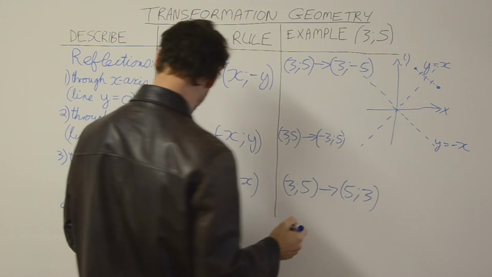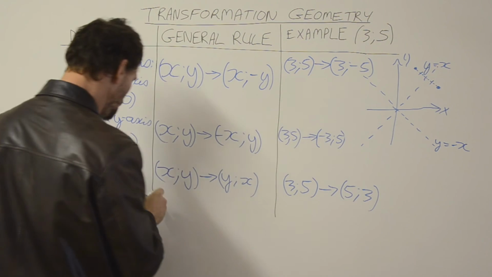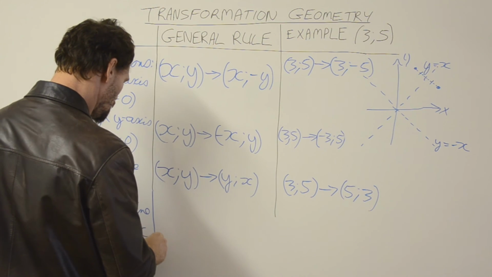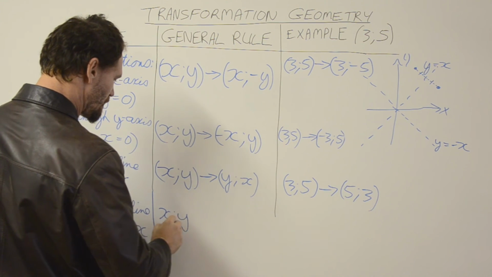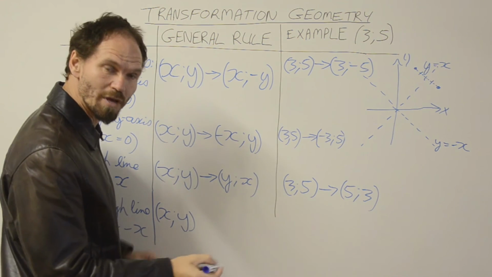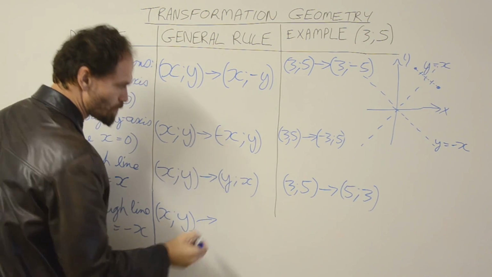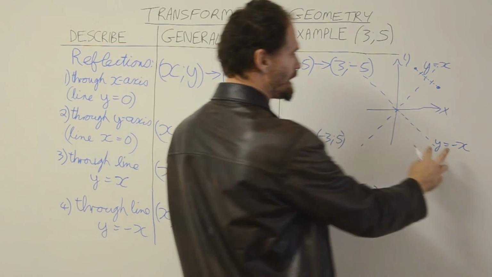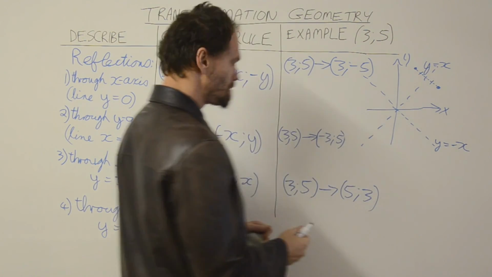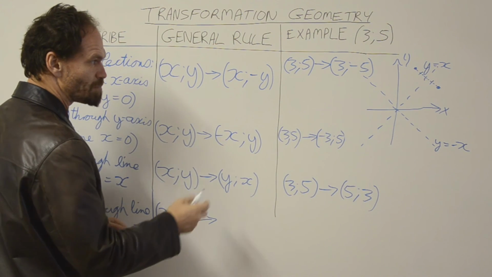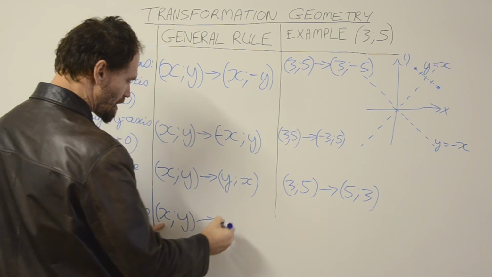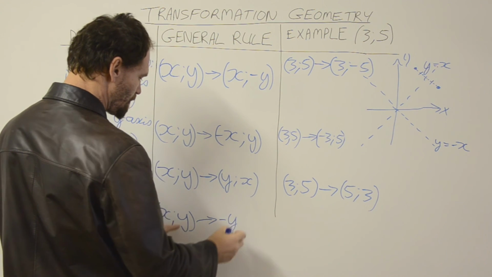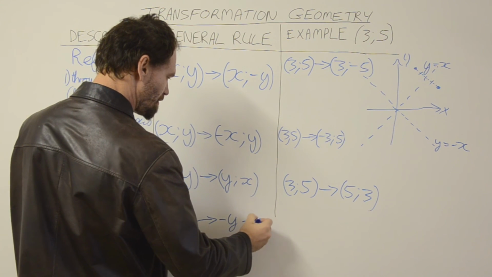That's that line there. So my general rule for that, what happens to my x, y input? Well, again, they swap around, but they also change sign. So x becomes negative y, and y becomes negative x.